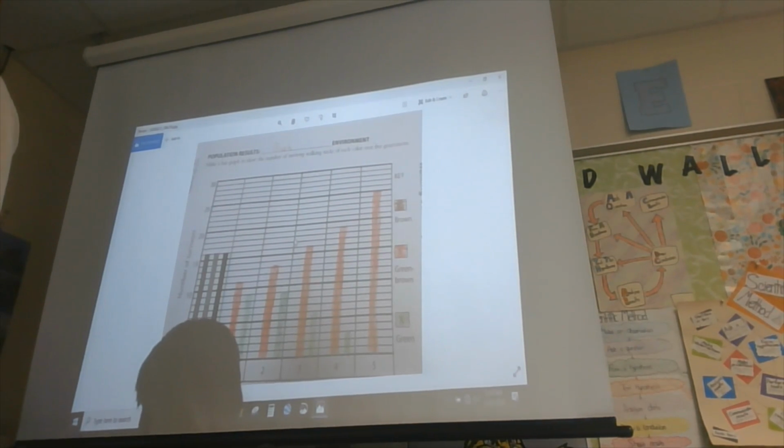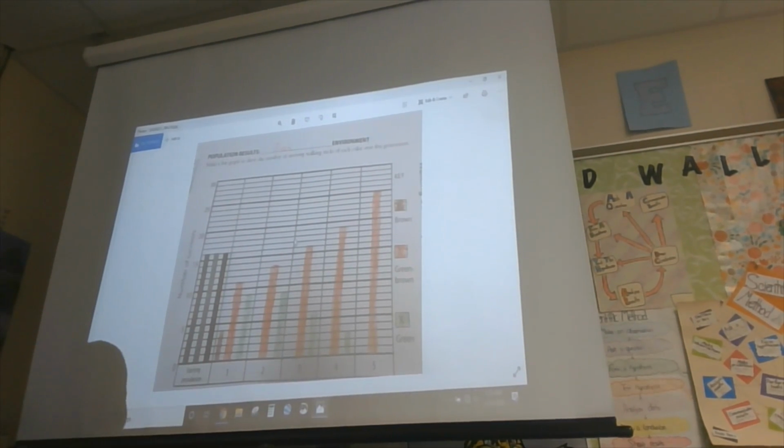I can conclude that these graphs look the way they do for a few reasons. The brown was the highest survivor in the wood chip environment because it blended in. In the bamboo environment, the green brown survived the most.